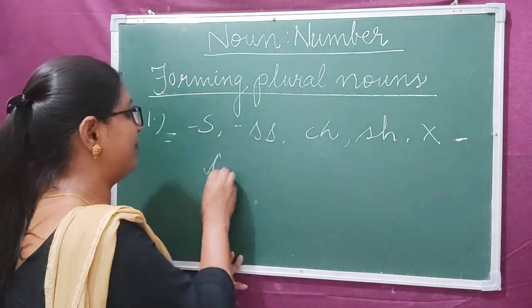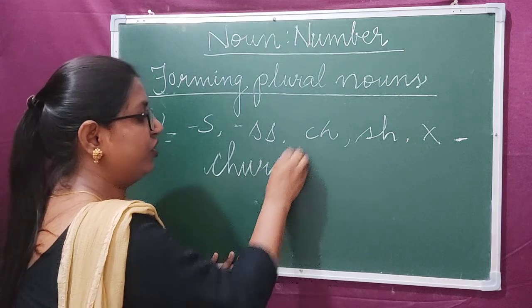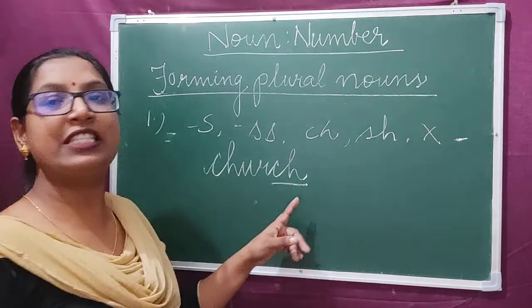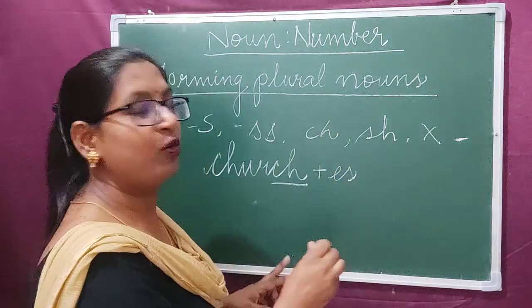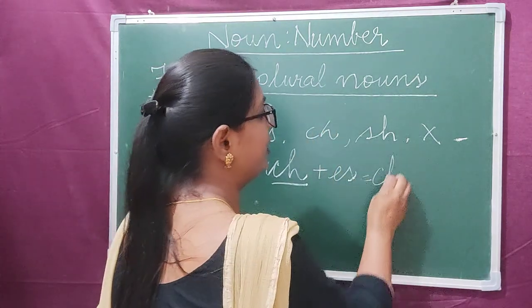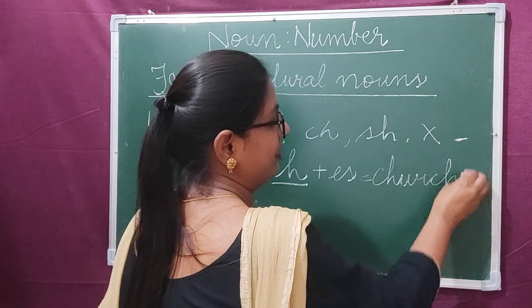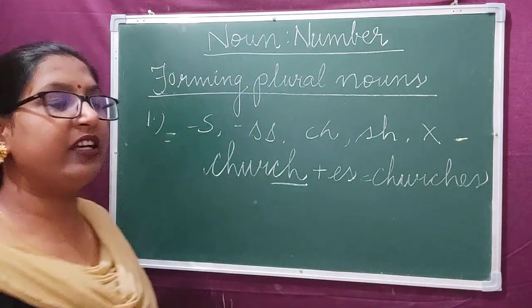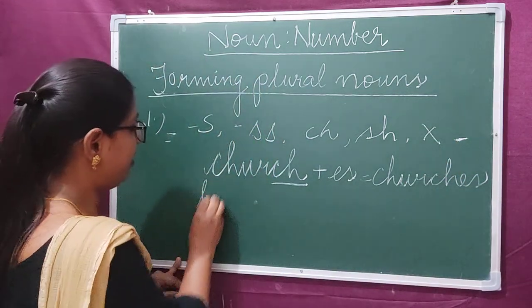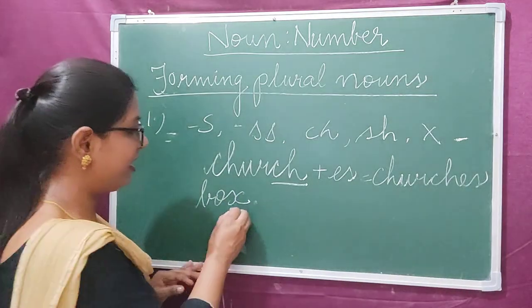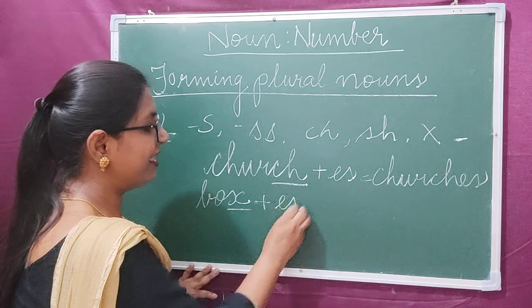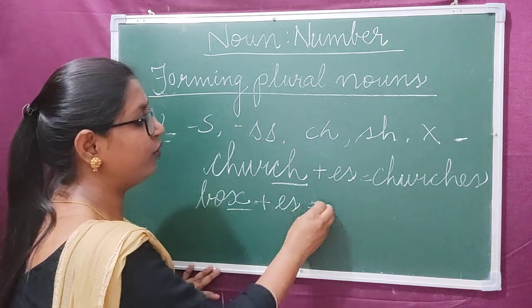Let's see the examples. Church. It's ending with ch. So we'll add es with it to make the plural form churches. Clear? Then box. For example, the word box, it is ending with x. We add es with it to form the plural form.